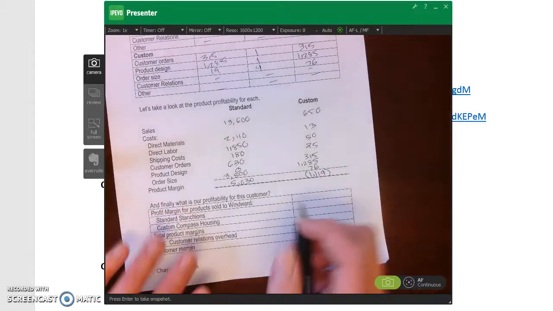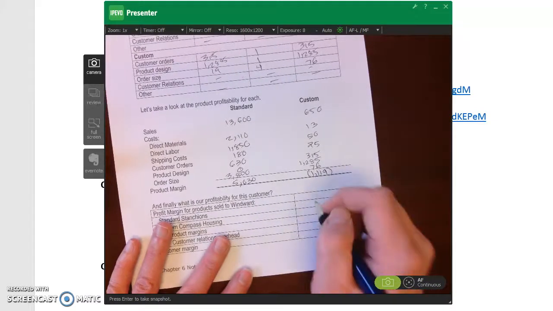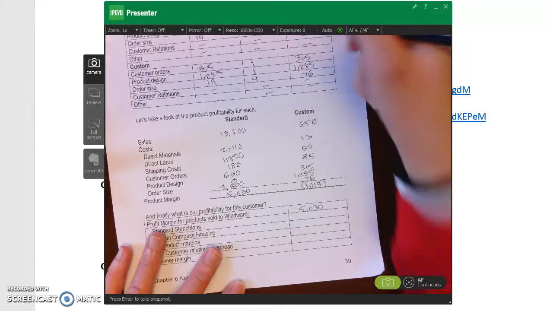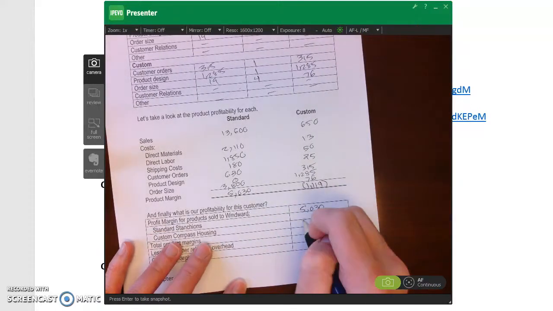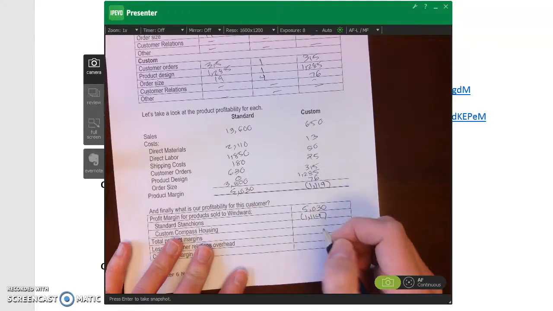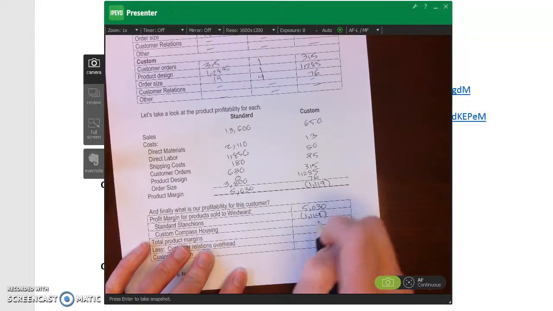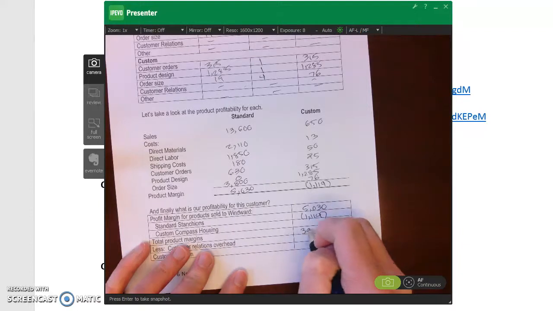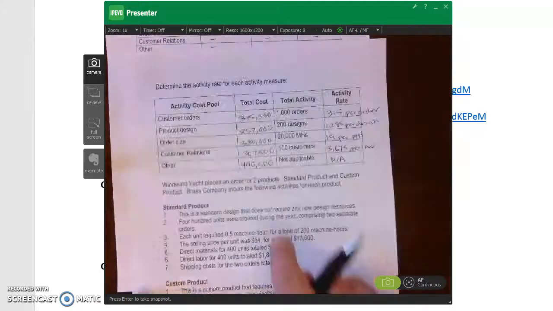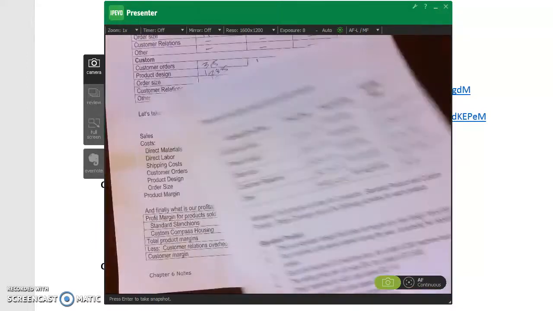Okay? So now what we can do is look at the customer levels. And this is where we're going to deal with our customer level costs. So we take our 5,030, and then when we have the loss, 1,014, gives us a total margin of 3,916. Now, if you look back over here, the cost per customer is 3,675.